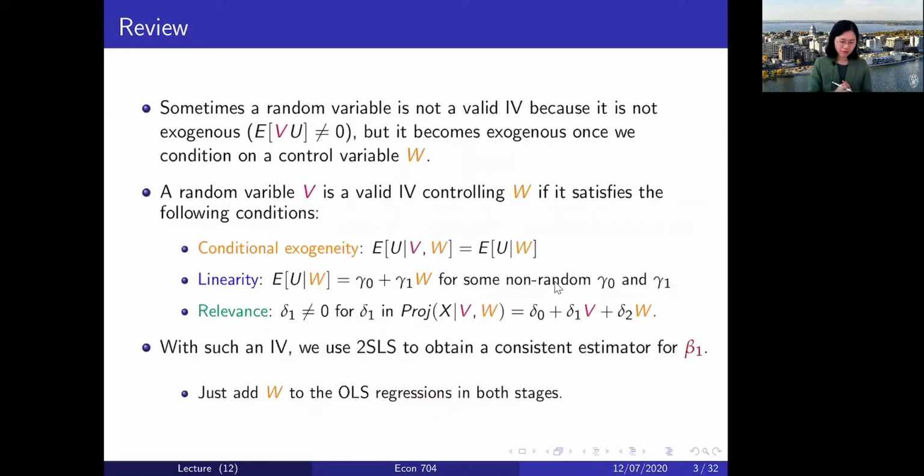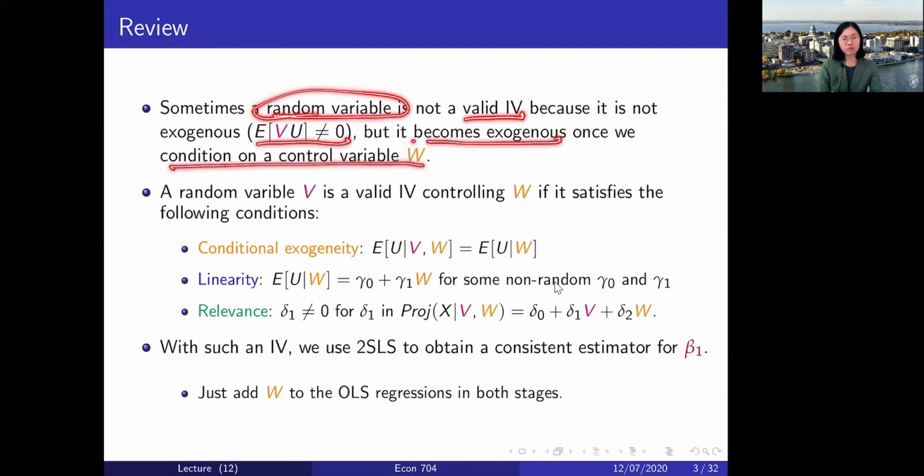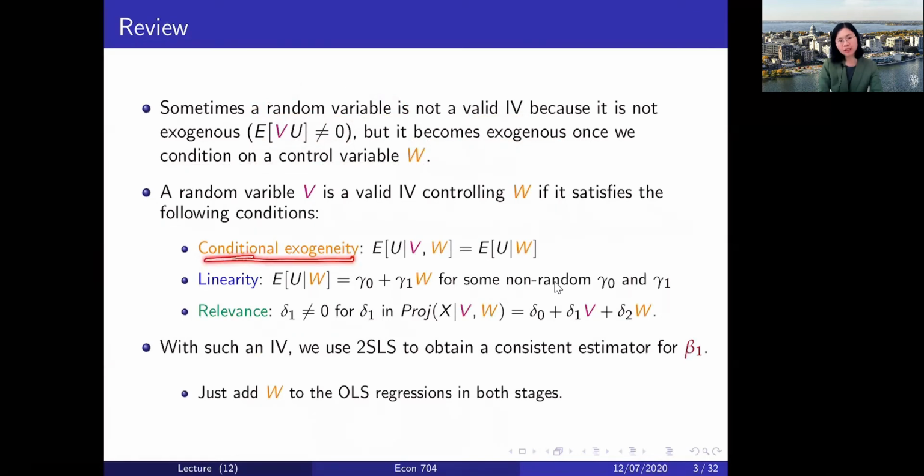All right, so that's the simplest case. Sometimes a random variable may not be a valid IV because it's not exogenous, but it's possible that it becomes exogenous once we condition on a control variable W or a control variable vector W. So that is the conditional exogeneity condition.